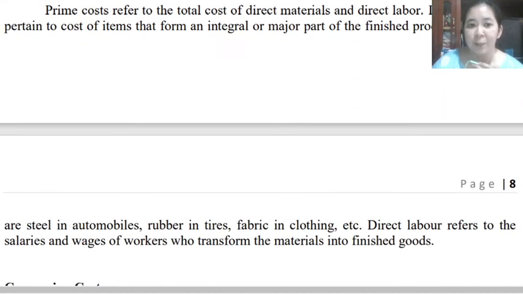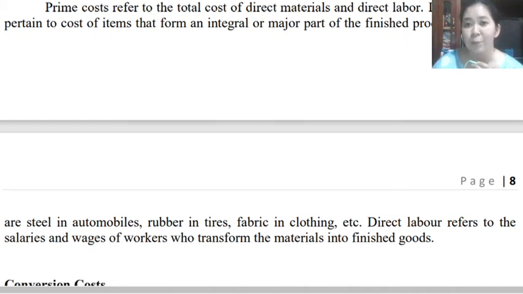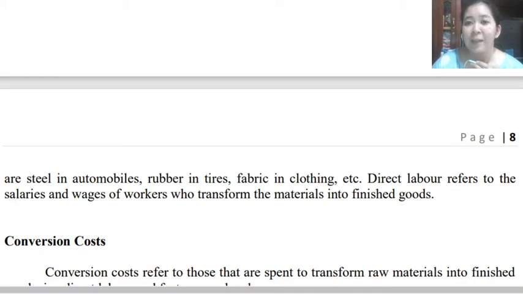Examples of direct materials are steel in automobiles, rubber in tires, fabric in clothing, and so on, depending on what type of product you are producing. What about direct labor?